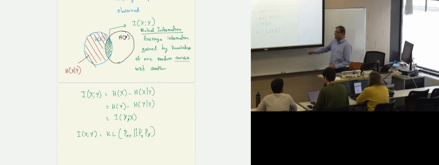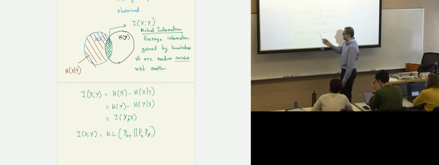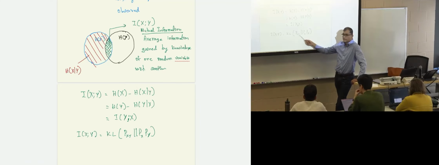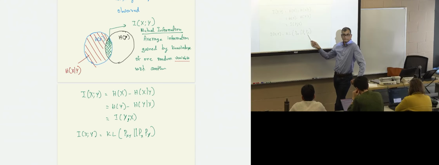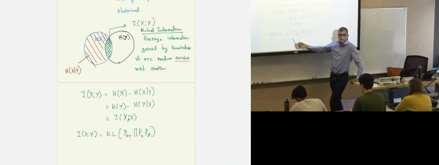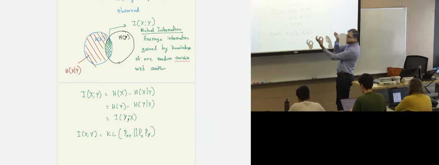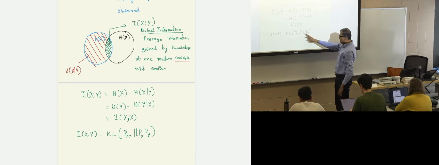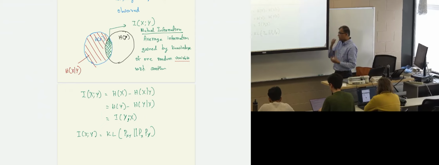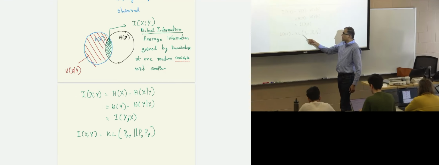So the mutual information is the difference between the joint distribution of x and y and their product. If these variables were not correlated at all, then p x y is p x times p y, so you get mutual information of 0. Obviously the Venn diagram doesn't intersect. If x and y are independent, one does not supply any information about the other.